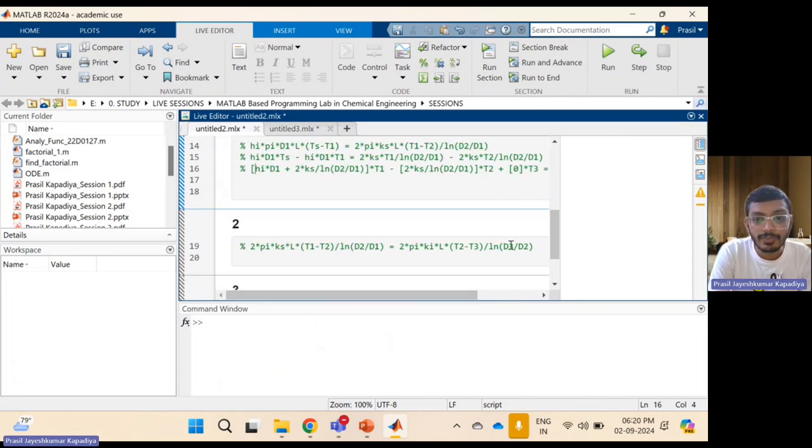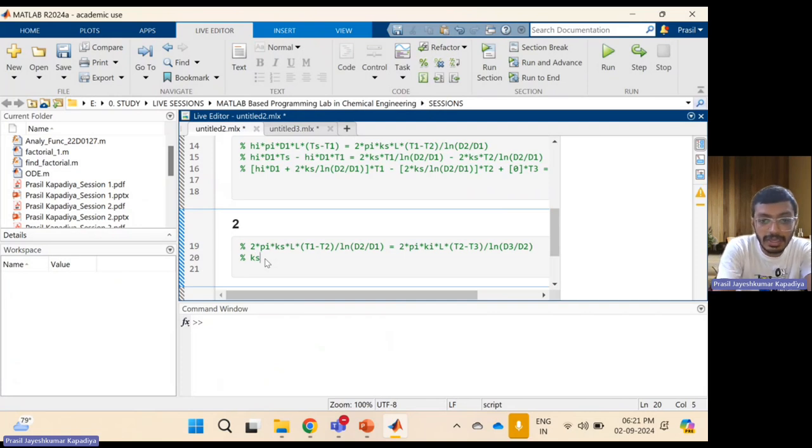Similarly, we will write down this equation also. We will have to break this equation. So 2 into Ks, 2 is also getting cancelled from both the sides, right?